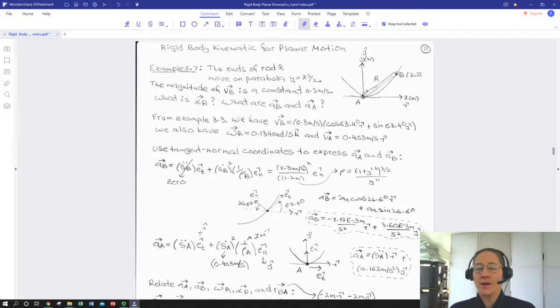And we know the direction of acceleration and the direction of velocity of A, because it's following this path, so it's directed straight in the positive i-hat direction.